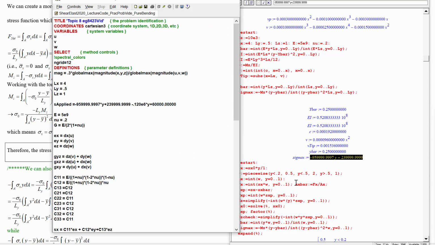Okay, so that changes the sigma that we're applying to this surface by quite a lot. Let's see. We'll just put this in there. How different is that? Wow, that's a way different sigma. So we've got a much stronger y dependence: rather than 120,000, we've got 960,000. And rather than 60,000 offset, we've got 230,000 offset.